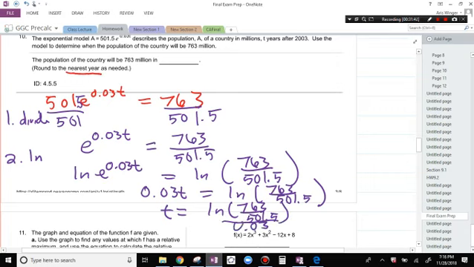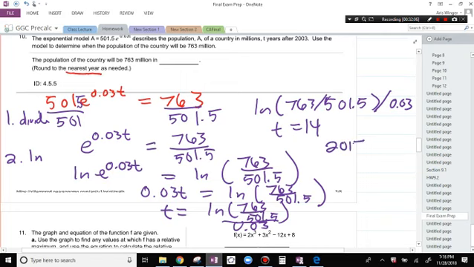In the calculator, that's typed in as ln 763 slash 501.5 slash 0.03. Round to the nearest whole number. What number is that? 14. The answer is 2017.